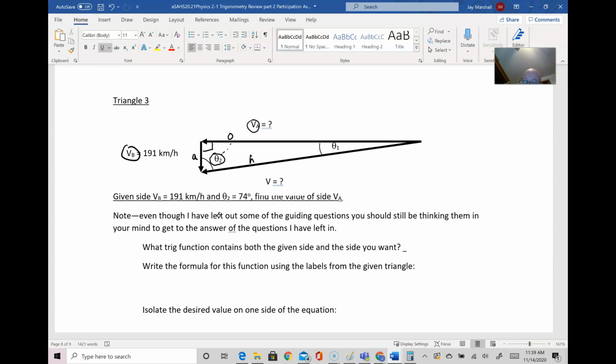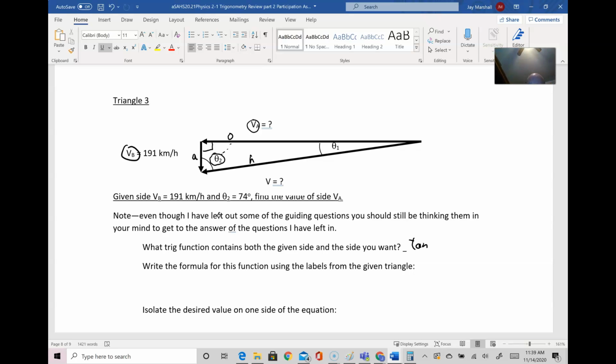And so I've been given the adjacent side. I want the opposite side. Since I know SOHCAHTOA, I can say opposite adjacent, that's tangent. So I want to use the tangent.